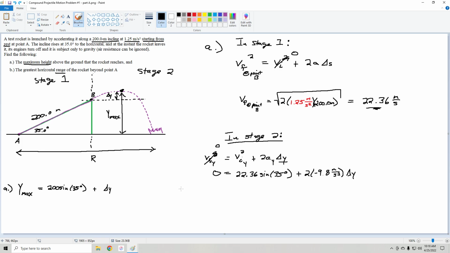We take delta y is equal to 22.36 sine 35 degrees, squared, divided by 2 times 9.8 meters per second squared.